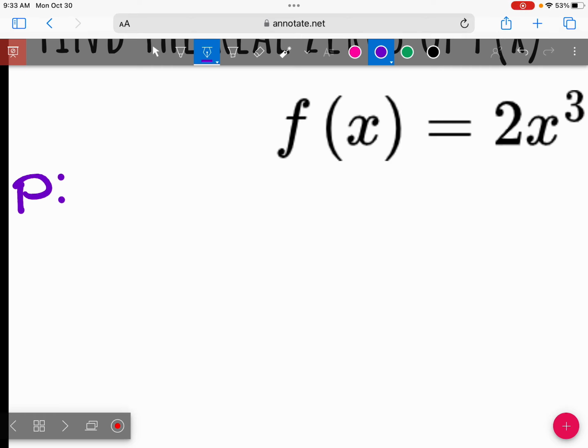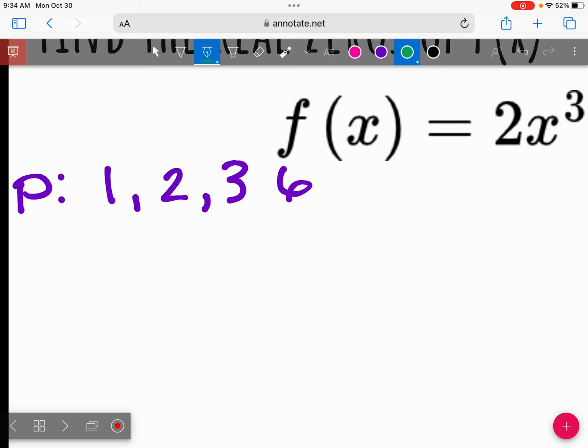So what is my P? 6. So what are my factors of P? 1, 2, 3, and 6. Yes? It doesn't change what's going to happen in our list.